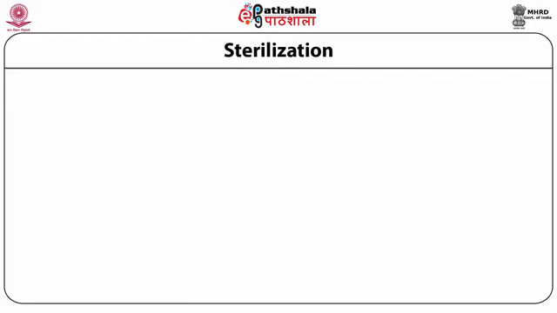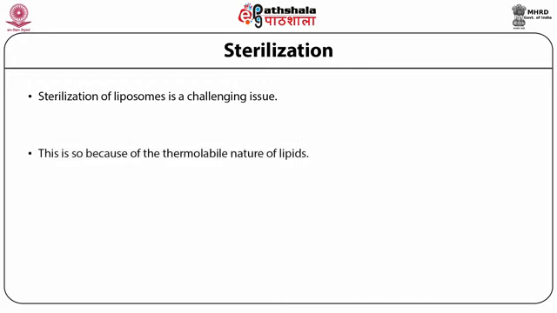Sterilization of liposomes. Since phospholipids are thermolabile compounds and are sensitive to heat, chemicals, and radiation, selecting a suitable method for sterilization of liposomes comes as a major challenge. Generally, liposomal formulations are sterilized by filtration through sterile membranes having a pore size of 0.22 micron.